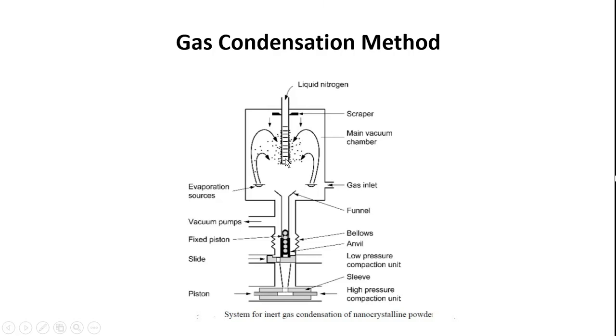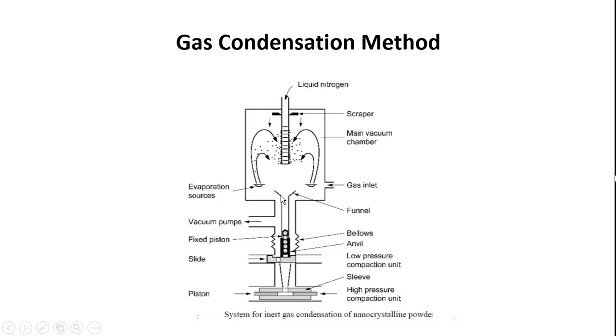When it is under the presence of liquid nitrogen, this gas condensation will take place. Actually, this particular vapor is condensed, and the particles of nano size are then made available to collect here through a funnel. This is the funnel. On that funnel it is collected.